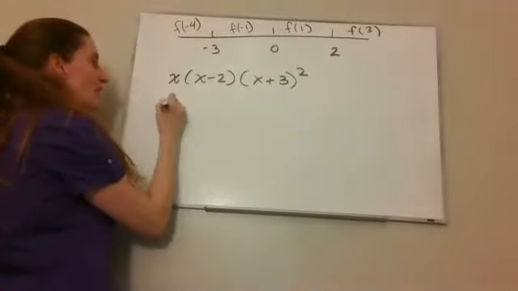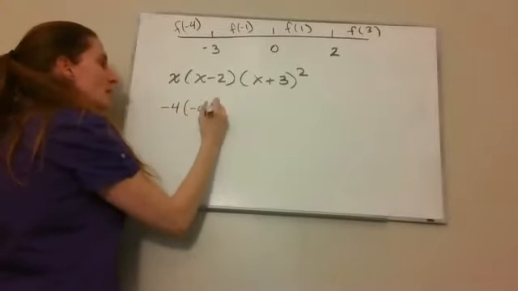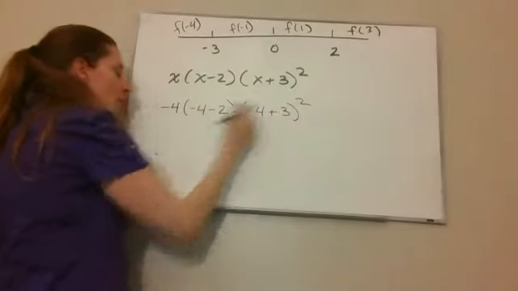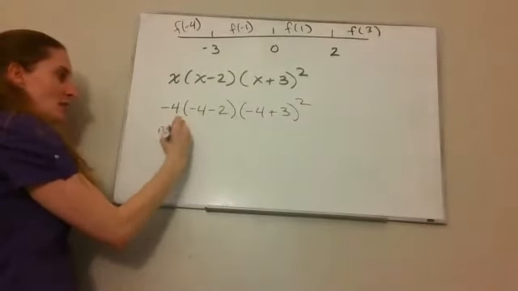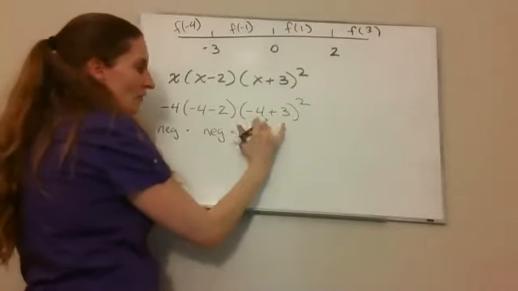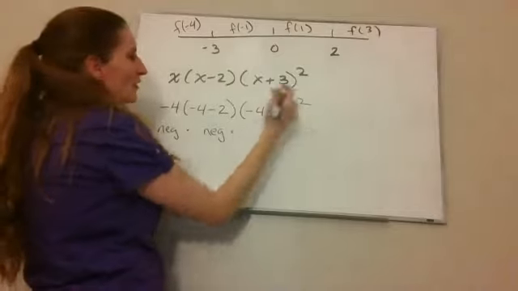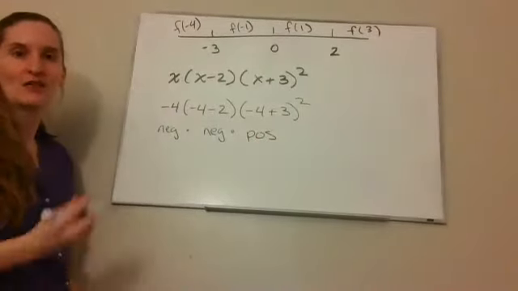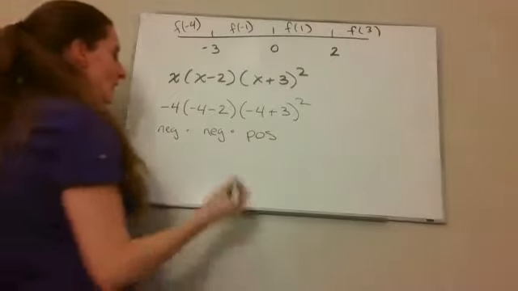If I plug in negative 4, I get negative times negative, times, we have a negative inside the parentheses, but when I square it, it's positive. Negative times positive is positive.